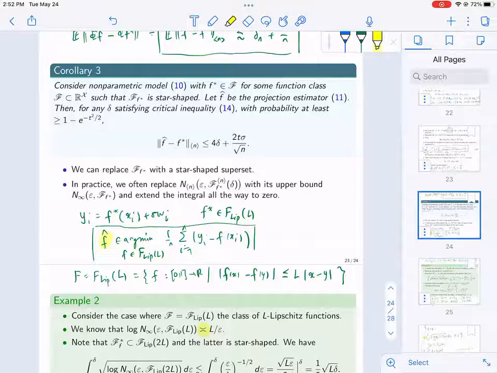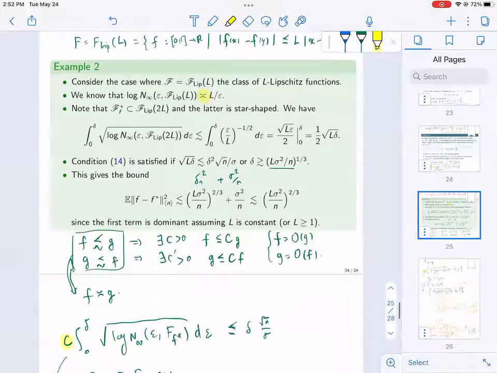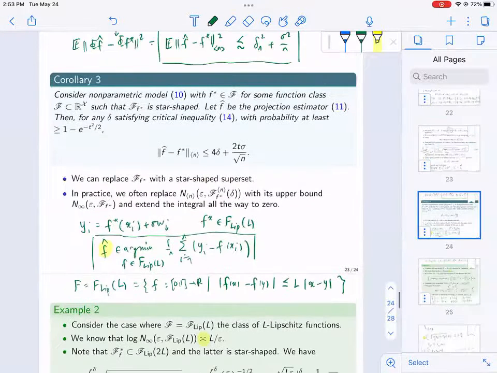So you'd like to say that if L is bigger, L has to appear as something like sigma squared over L squared n. Yeah, I never thought about this, which is very interesting. The entropy number is going to be bigger. That's for sure.